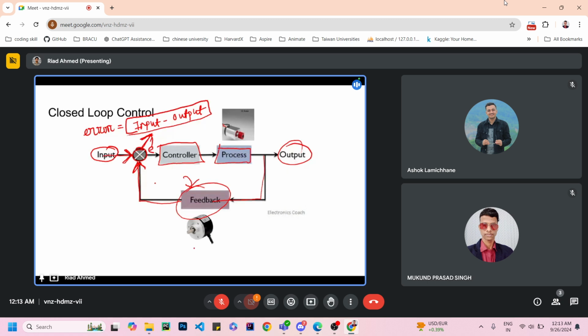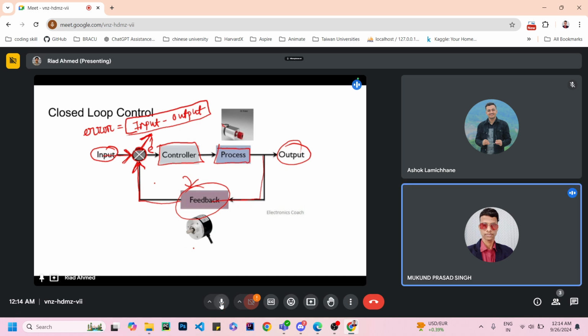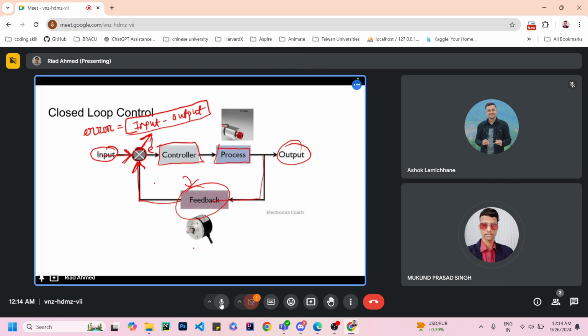It means input and output are the same, and that means you are doing exactly what you are expected to do, right? So the controller will work in such a way that the error will reduce to zero. It will try to minimize the error as much as it can.